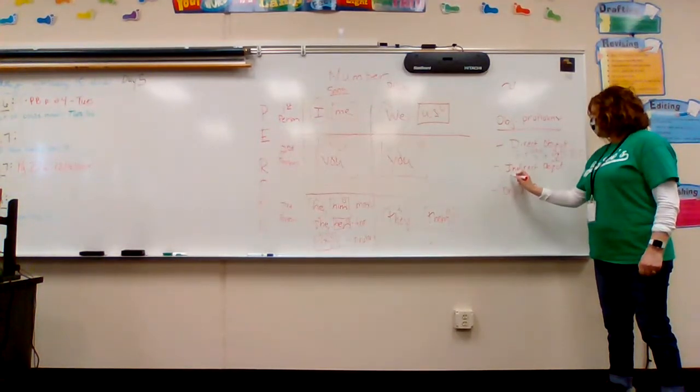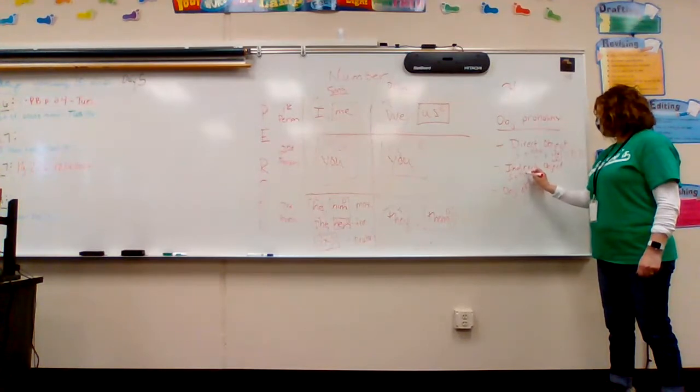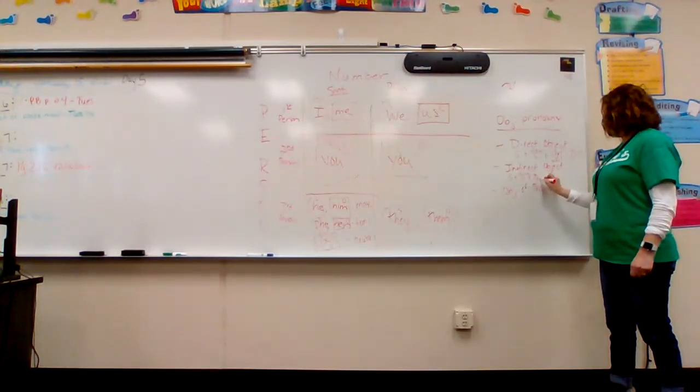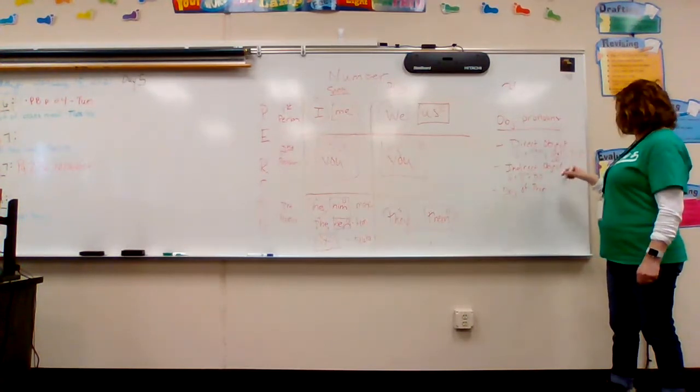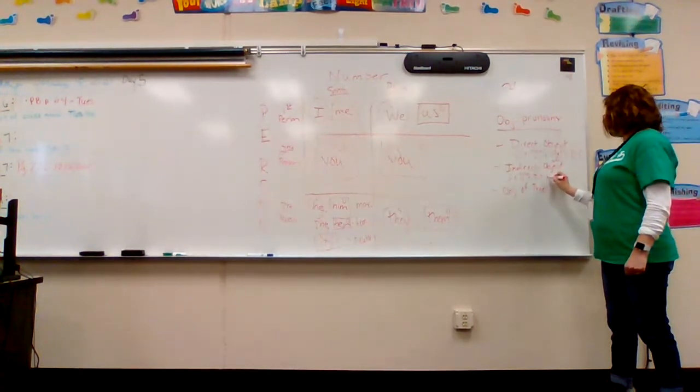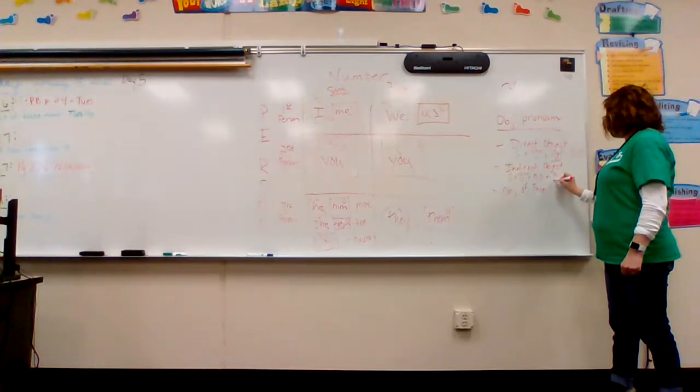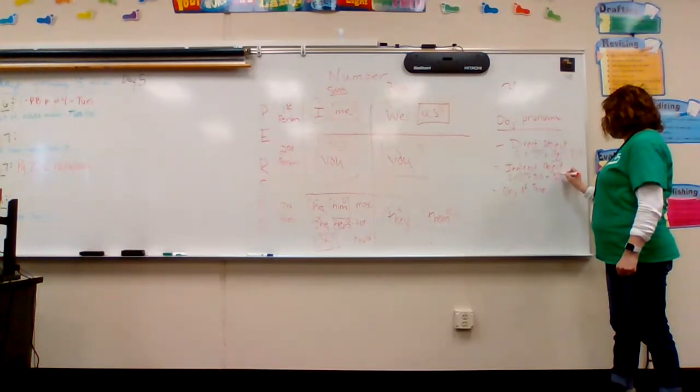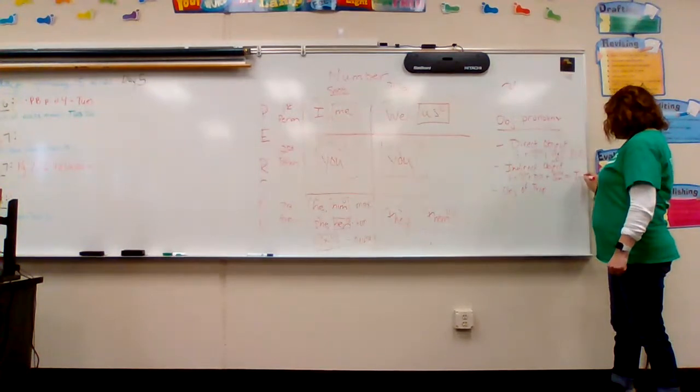An indirect object would be subject plus action verb plus direct object. So you got to do this first. Plus to whom, to or for whom equals your indirect object.